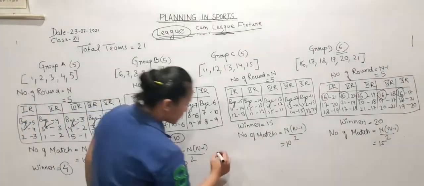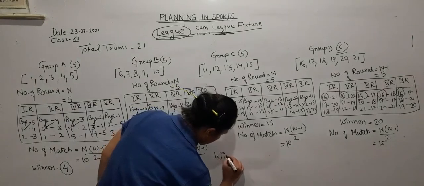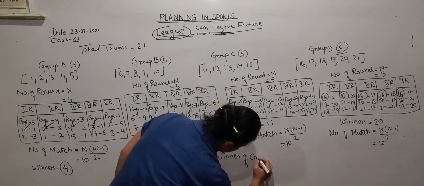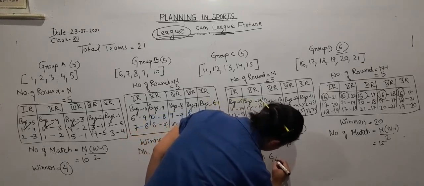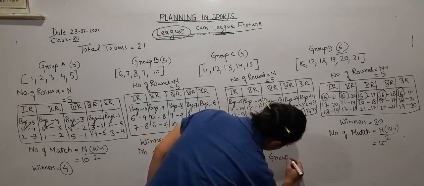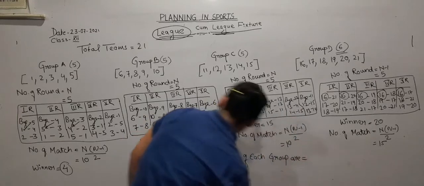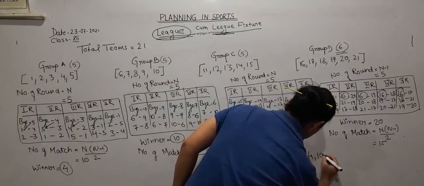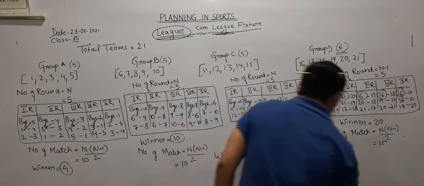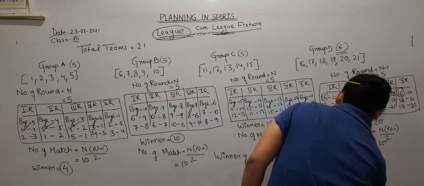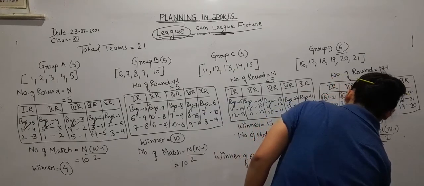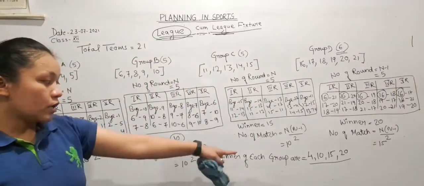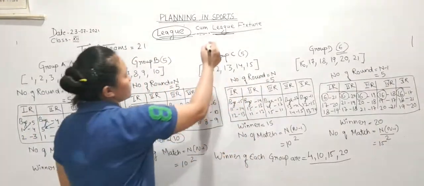Now the winner of each group: 4, 10, 15 and 20. These are the winners of each group. Now they will compete as per the league.